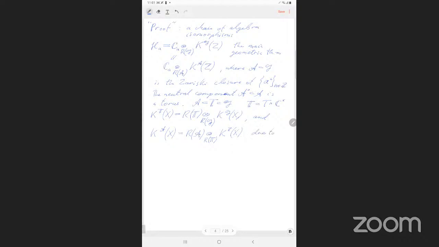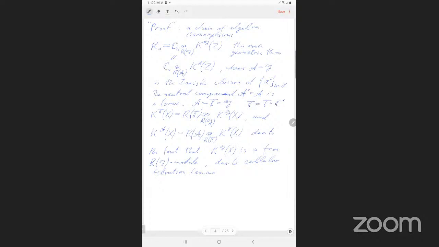and this is all due to the fact that the K G of X is a free R of G module. And this in turn is due to the cellular fibration lemma.